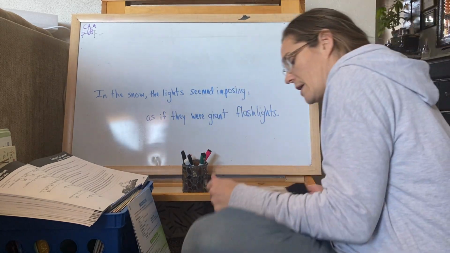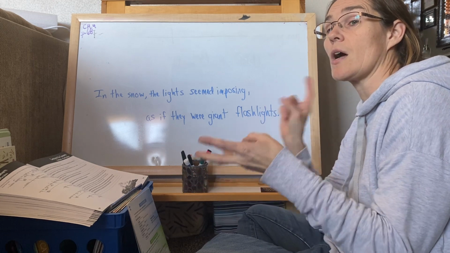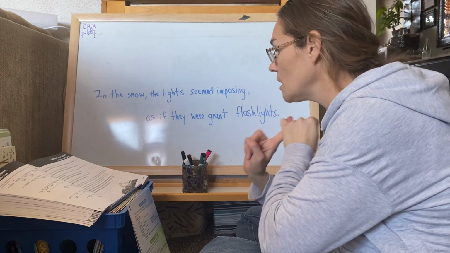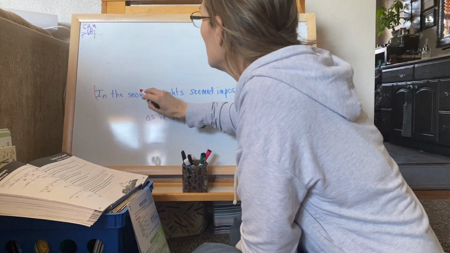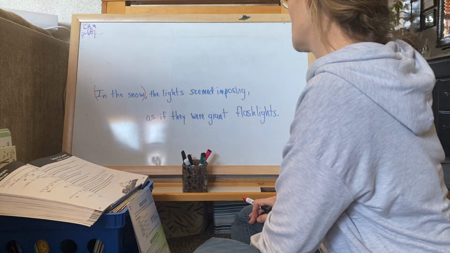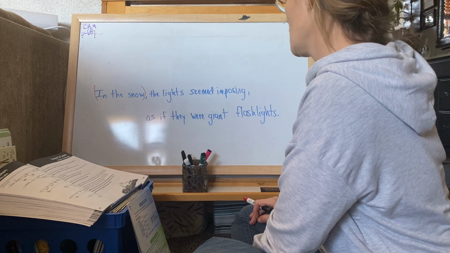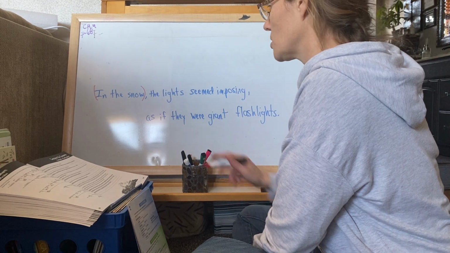Order of analysis: phrases, clauses, principal elements, modifiers, okay? In the snow, any prepositional phrases? In the snow. In the snow, the lights seemed imposing. Lights seemed. Lights is the subject. But wait, so that's our prepositional phrase.